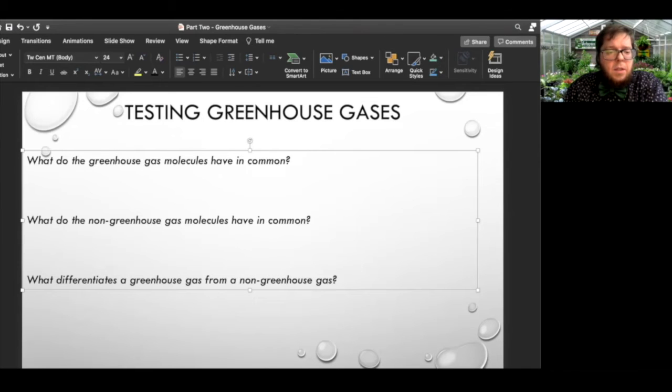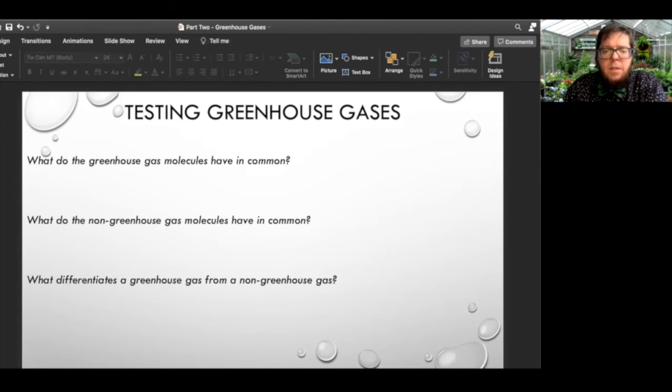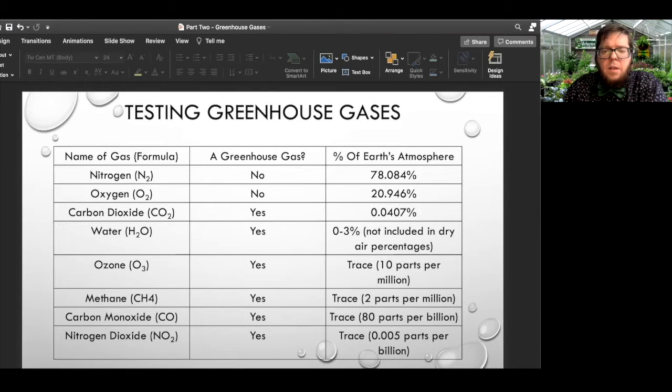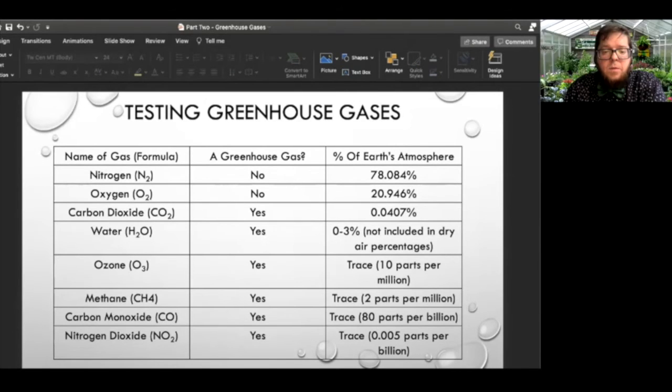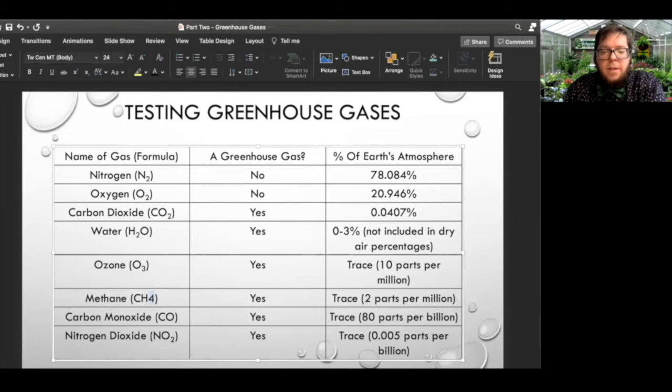Let's go back and look at the list again. All the ones I listed as greenhouse gases, what do they all have in common? There's a number of right answers to this question. Oxygen. Okay, because they all have oxygen in common, except methane. Methane doesn't have oxygen. So it's a good theory, but I found a counterexample. So it's not oxygen.